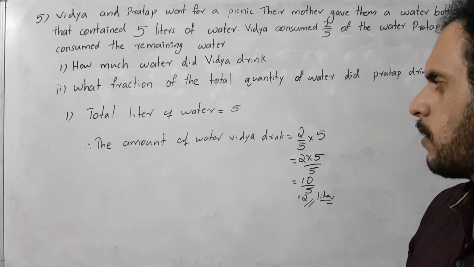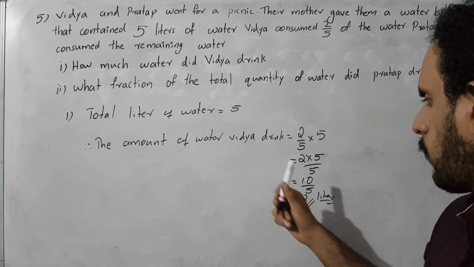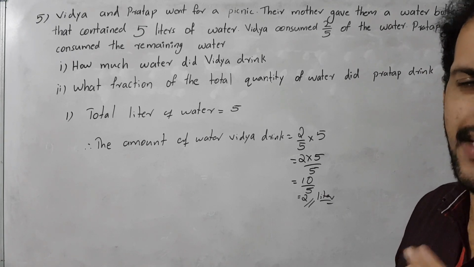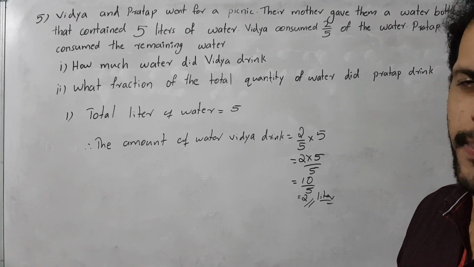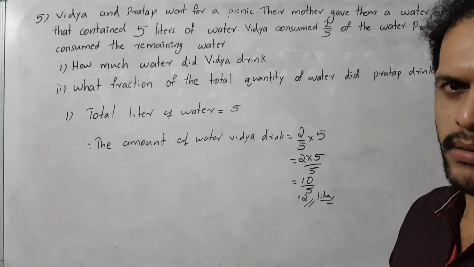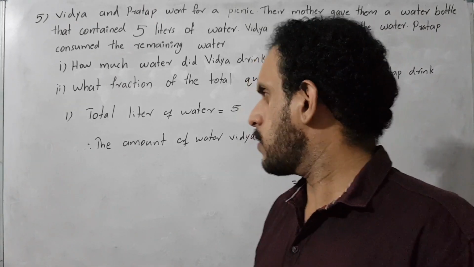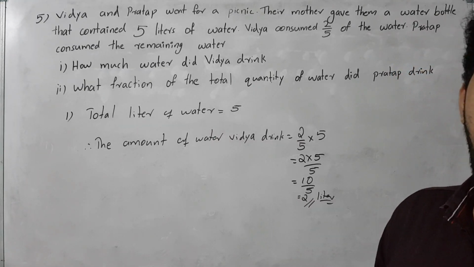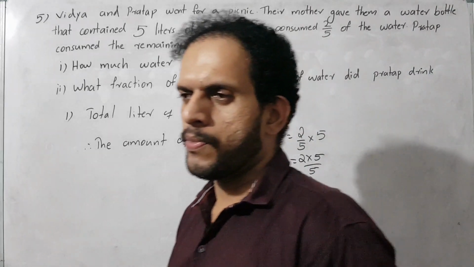The amount of water consumed by Vidya is equal to 2 liters. So, how much is remaining for Pradap? The amount of water consumed by Pradap is equal to total minus the amount consumed by Vidya. Correct? That means 5 minus 2 is equal to 3.